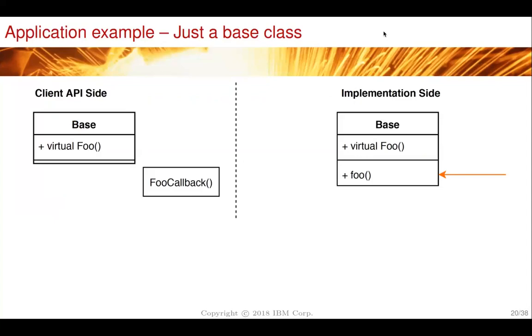On the right side, we have the implementation, which, following this idea of creating a one-to-one mapping of objects, also has a class called base with a virtual function foo. And notice that there's actually two functions called foo. There's the virtual function capital F foo and a non-virtual function lowercase f foo.